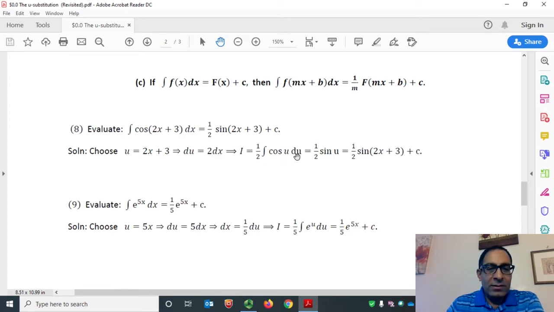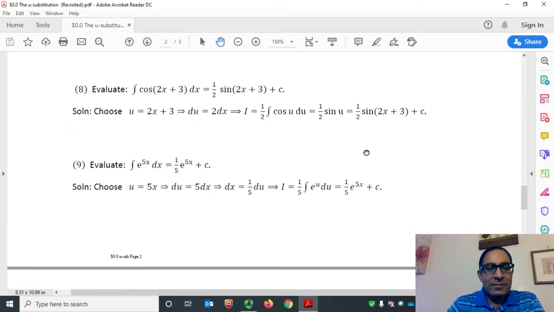Pull 1/2 out front. The integration of cosine u is positive sine u. Then resubstitute the variable: u equals 2x plus 3. So the final step is 1/2 sine of (2x plus 3) plus c. Good.